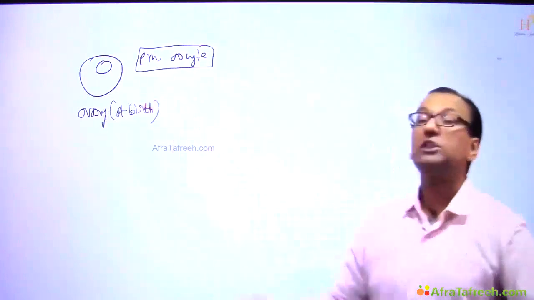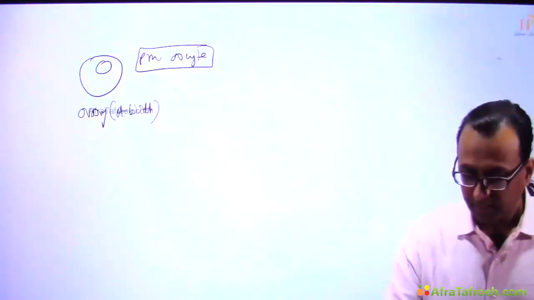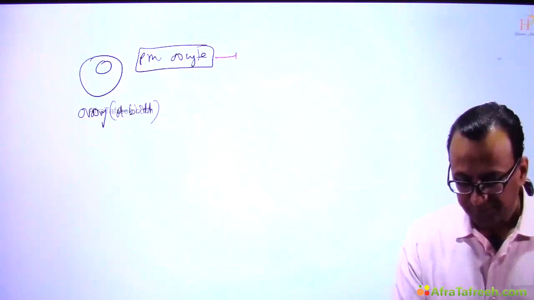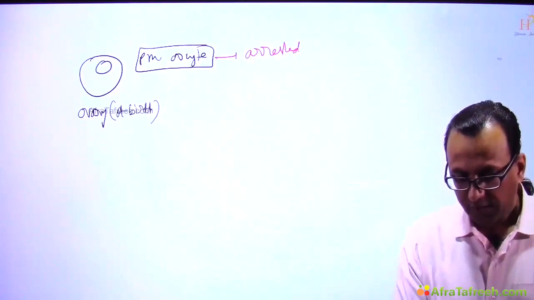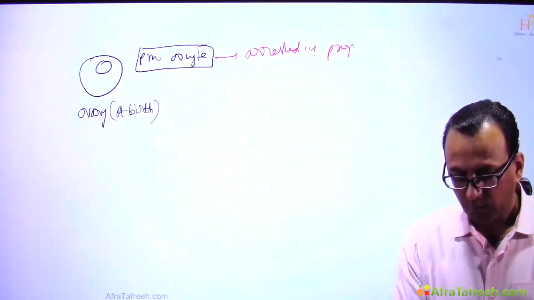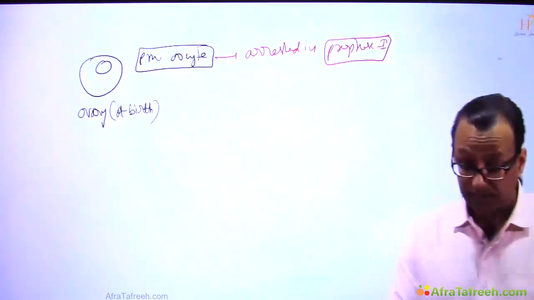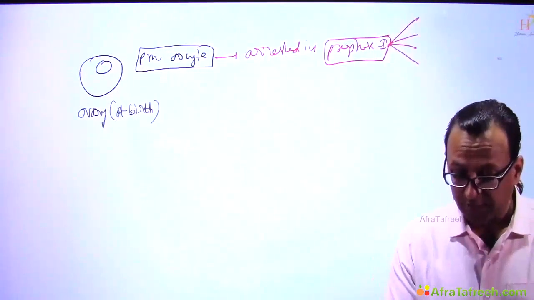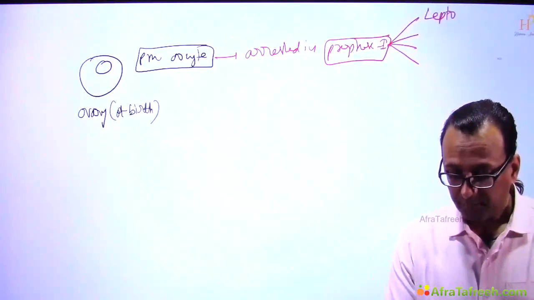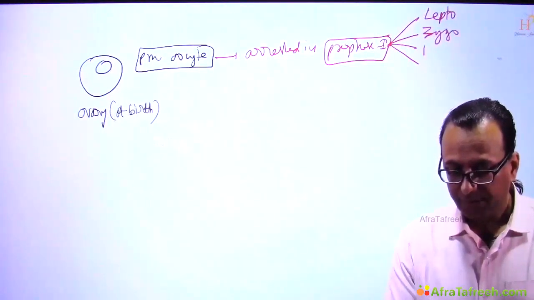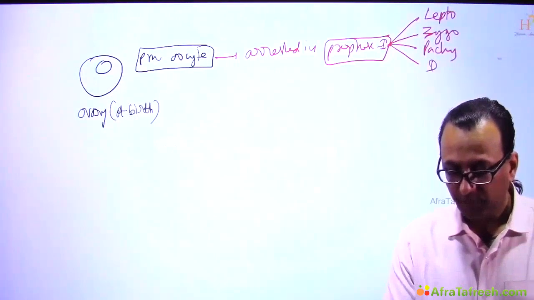It had already entered prophase 1. Actually, it was arrested in prophase 1. Which stage of prophase 1? Because prophase 1 has certain stages like leptotene, zygotene, pachytene, diplotene.